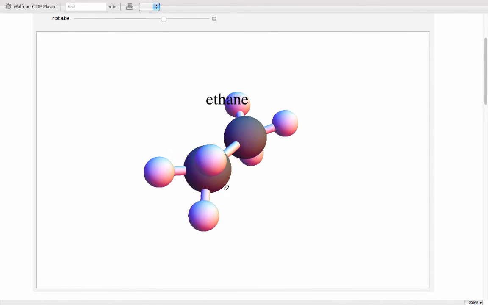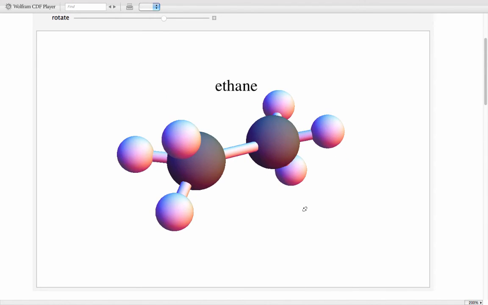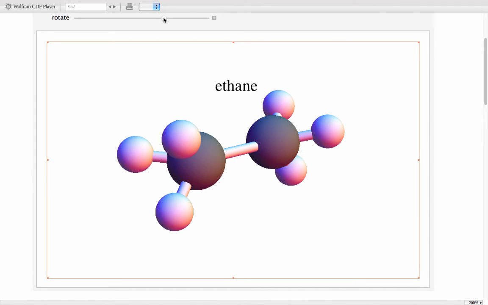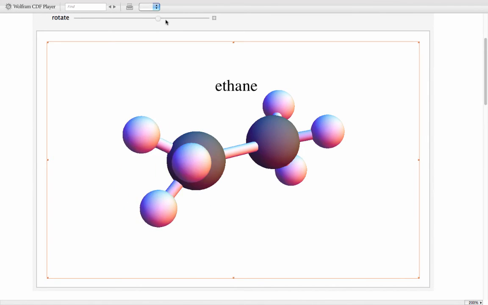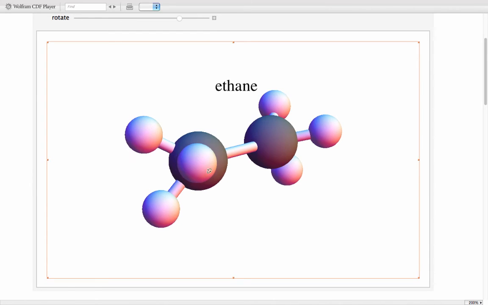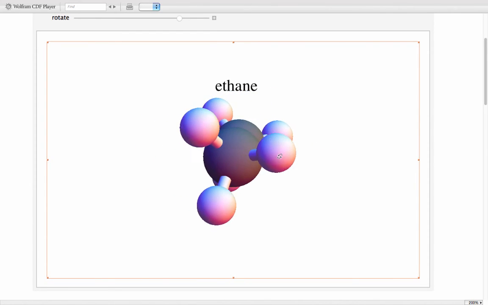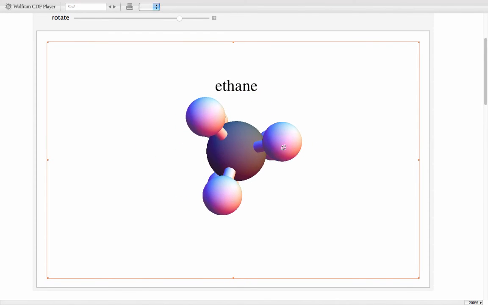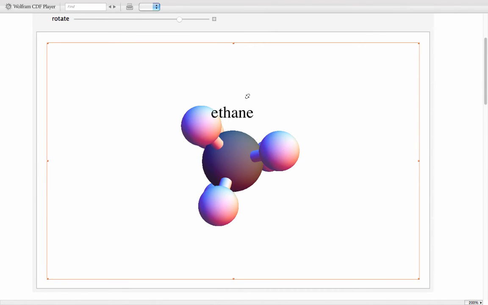Well, if we move it over here, this is an orientation view that looks much like the diagram on the right that I just showed you in the PowerPoint presentation. What we can do now is rotate this so that we're looking directly down the bond axis, and this now corresponds to the depiction on the left in the PowerPoint presentation. Again, this is what's called a Fischer projection.